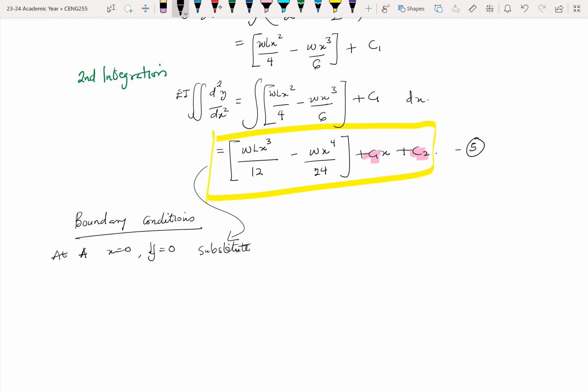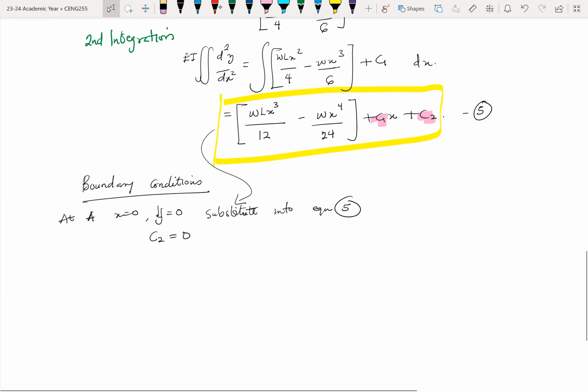Substitute into equation 5. You would realize that C2 becomes 0. If C2 becomes 0, then your equation has further been reduced.